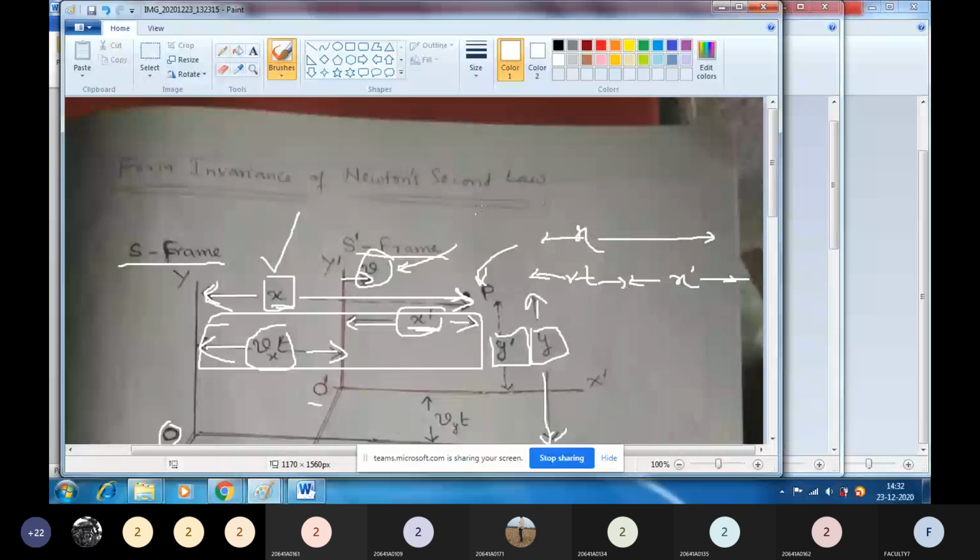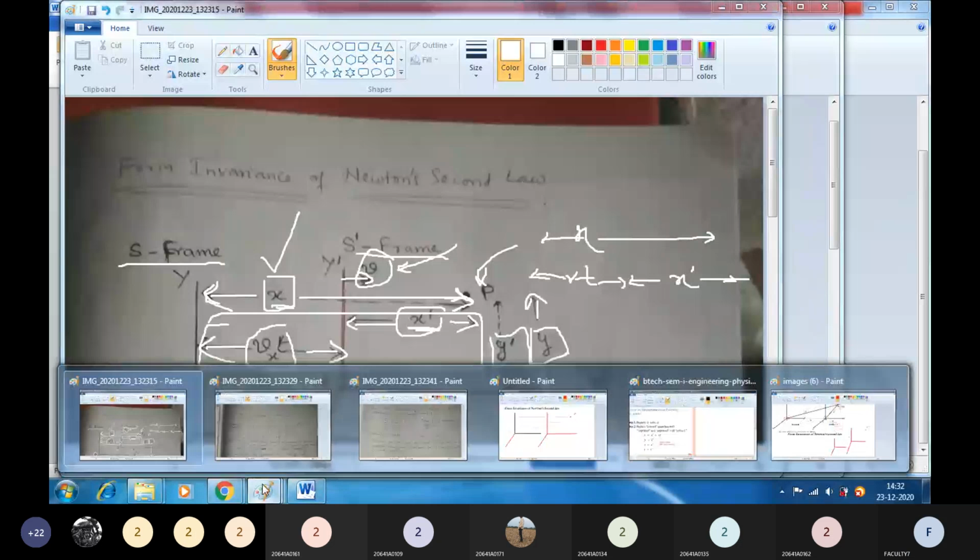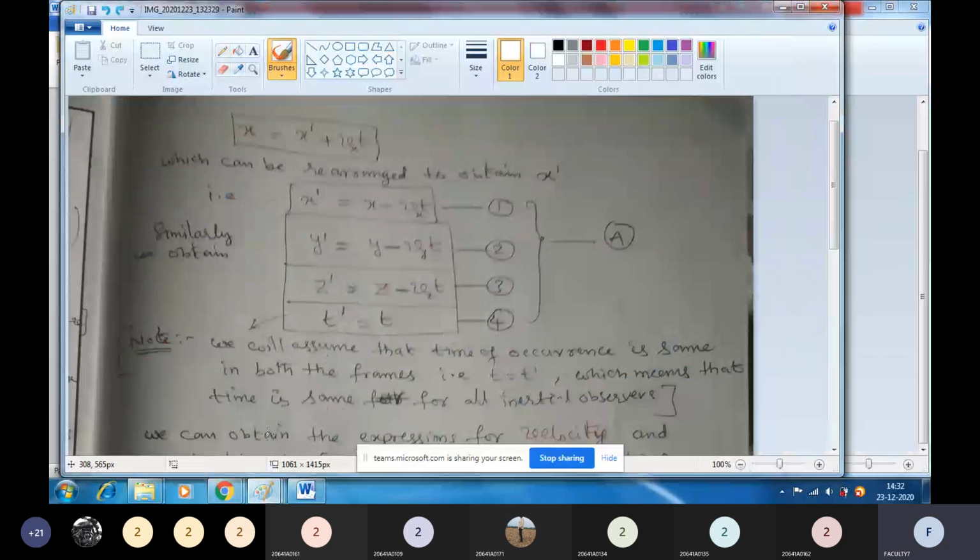From the diagram, the same thing we wrote here: x equals x prime plus vxt. Now we are going to arrange this in terms of x prime. If you rearrange, bring this factor to this side, then you will get x minus vxt.